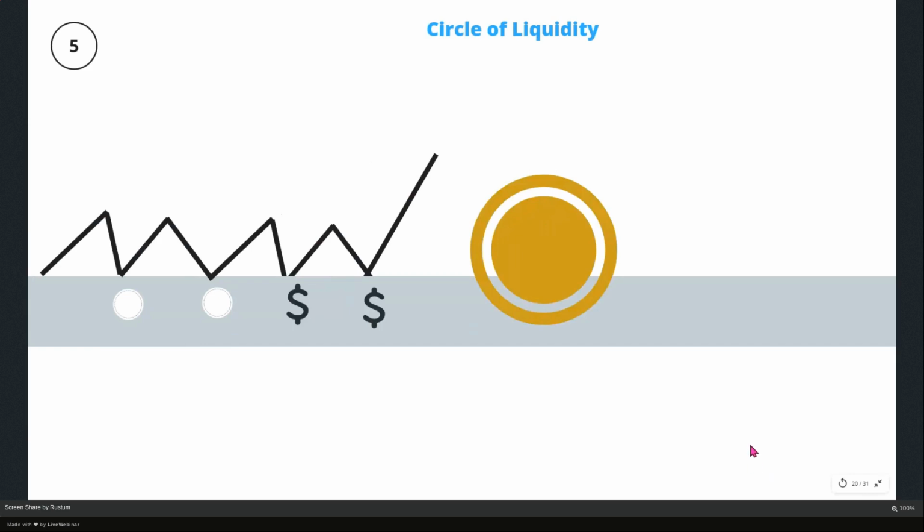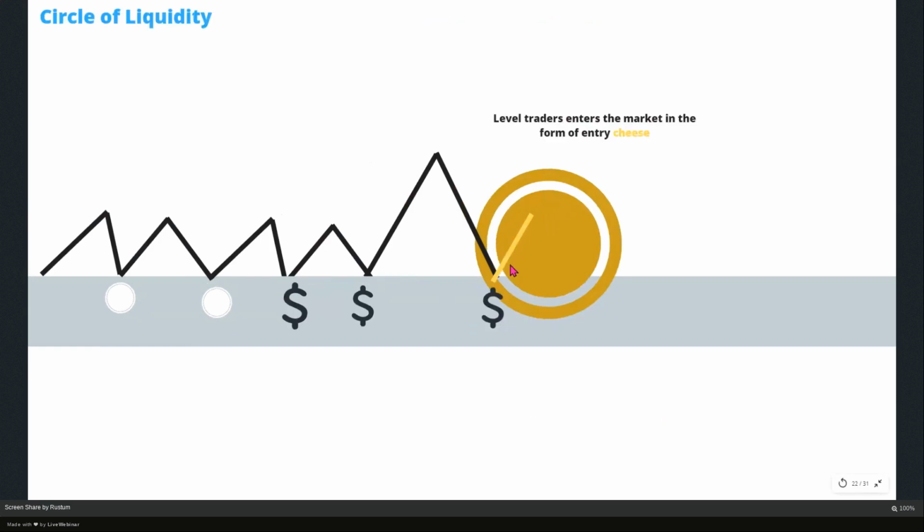And then with the circle of liquidity, you want all of these types of traders in the market, trading at this level. So what we have is the level trader.